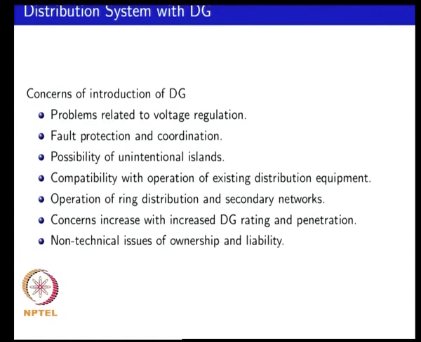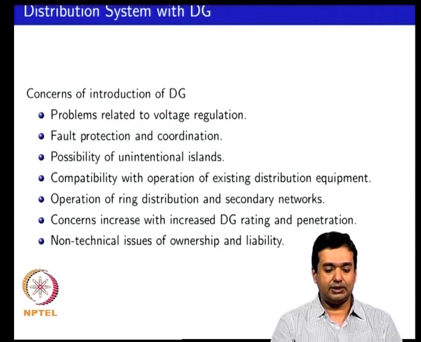You have problems related to fault coordination and protection, especially if there is a significant change in fault current levels as a result of adding the DG unit. Also we saw that there is a possibility of unintentional islanding, and there are a variety of concerns if you have a situation of unintentional islanding.